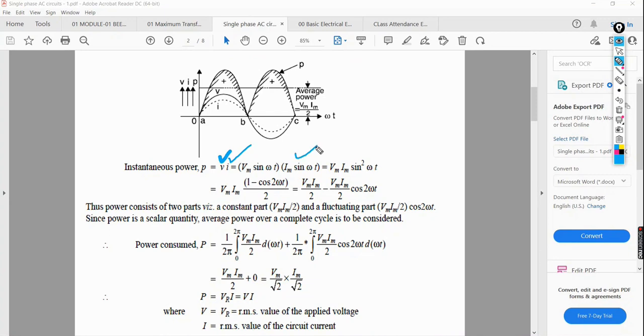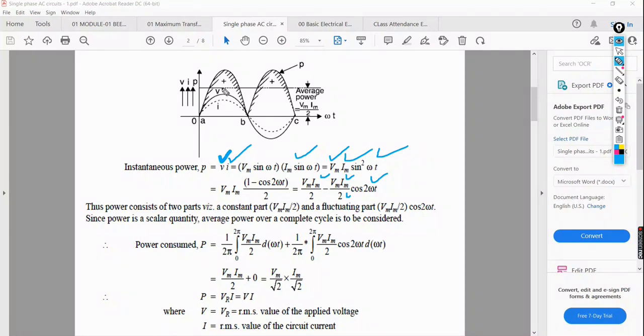Im sine omega t. So Vm into Im sine square omega t. Sine square omega t is 1 minus cos 2 omega t divided by 2. So Vm Im by 2, minus Vm Im by 2 into cos of 2 omega t. This is the equation to be considered in case of pure resistance.